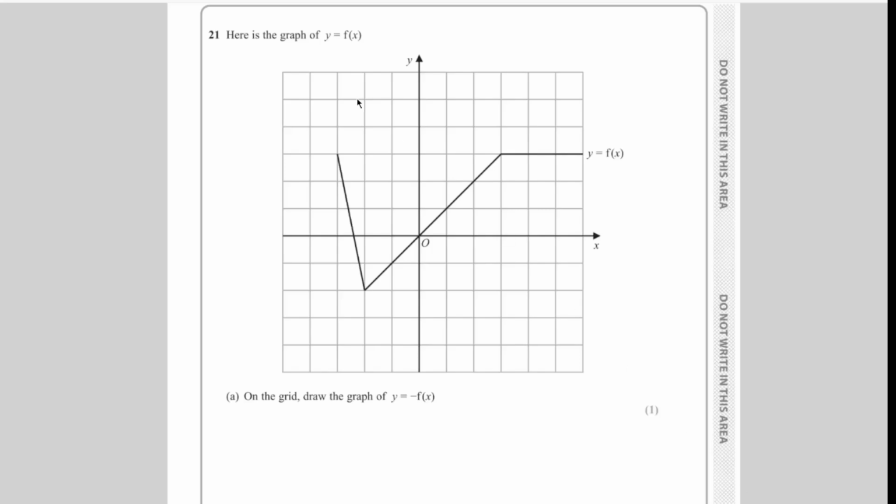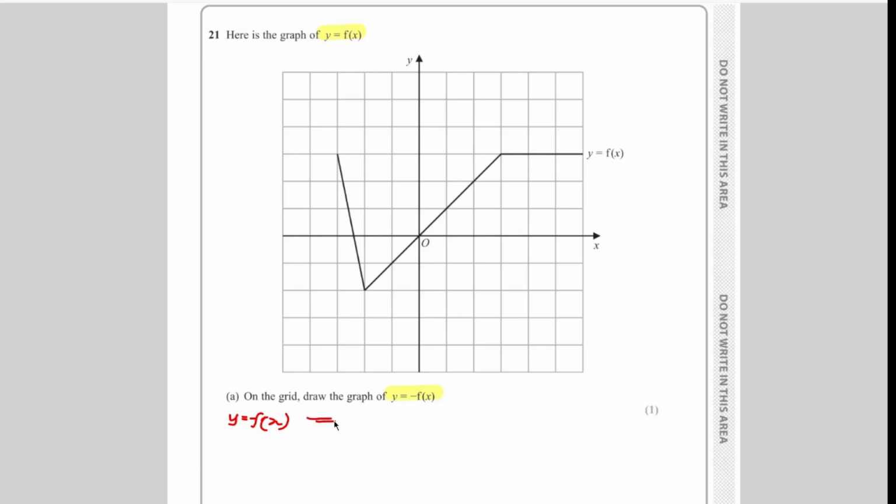Question 21. Here is the graph of y equals f of x. On the grid, draw the graph of y equals minus f of x. Now we need to draw the graph of y equals minus f of x. y equals f of x is given. So whenever we see y equals f of x, it is the original curve, the original function.